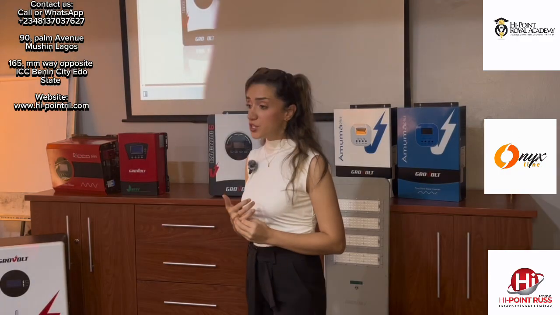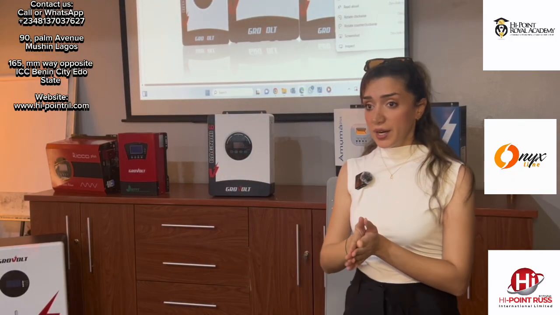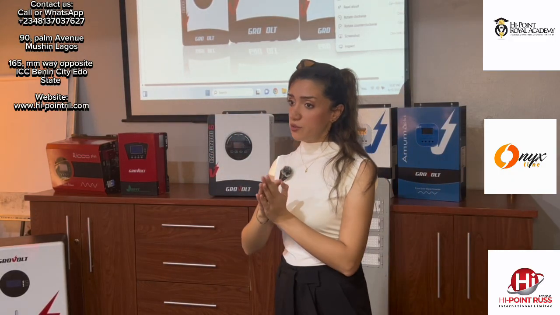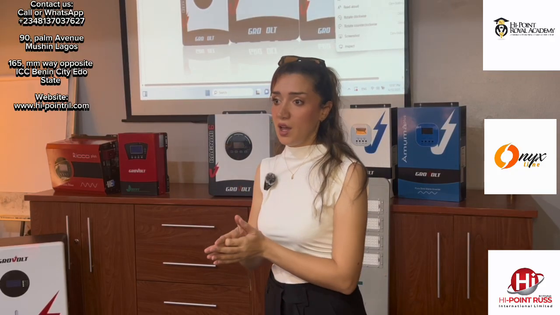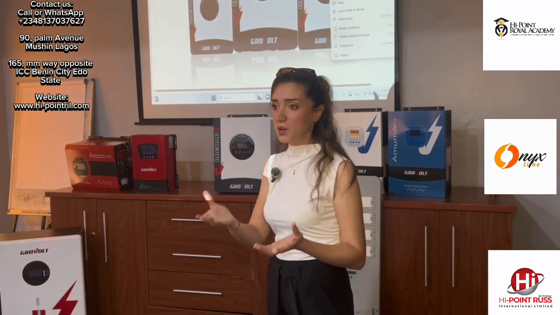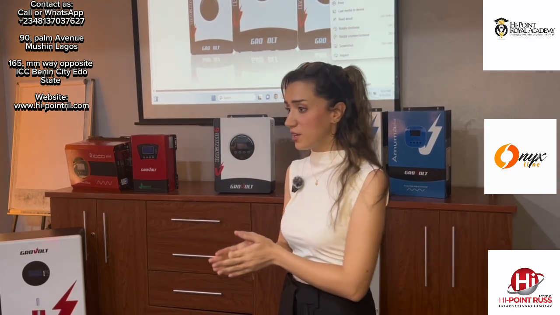In addition, the parallel function. The parallel for Ragnar is up to 12 pieces in parallel. When we said parallel, we didn't mention it for 4 kilo, because 4 kilo is a small capacity, and usually you have inverter 8 kilo, you have inverter 12 kilo, so it's not necessary to make parallel for small capacity inverter.